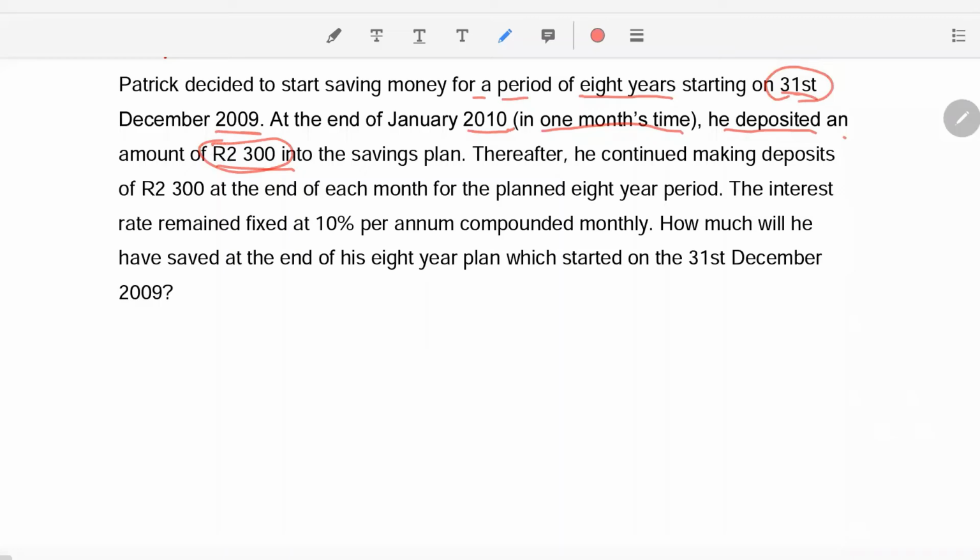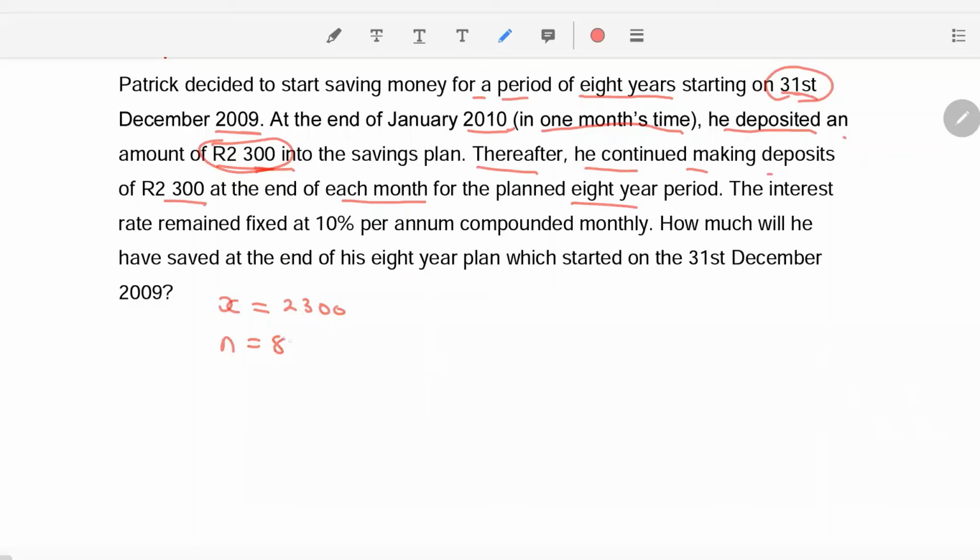Thereafter, he continued making deposits of 2,300, so every month he is making a payment of 2,300. That means the 2,300 is our value of X, and this is going on for 8 years. In 8 years, if you're making 2,300 every month, how many payments are you supposed to make?